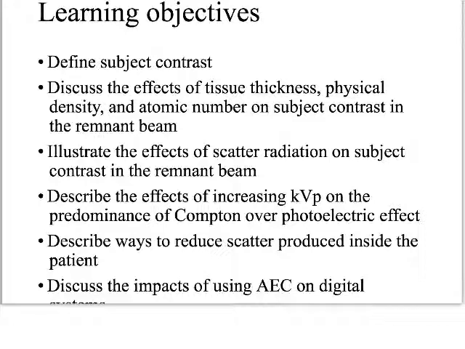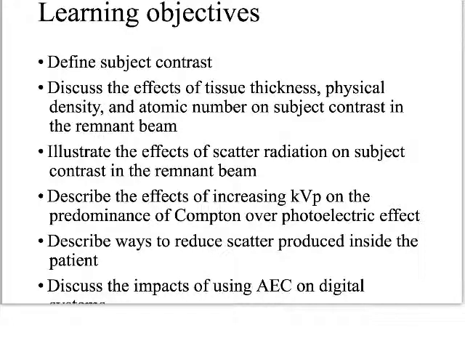We're going to illustrate some of the effects of scatter radiation on subject contrast in the remnant beam. There's a lot of pictures in this chapter, and so it's helpful to look at those pictures and know what he is talking about in terms of the effects of scatter on our pictures. We'll talk about how kVp works and what happens as we increase kVp in terms of interactions inside the patient, as well as how digital systems can counteract that.